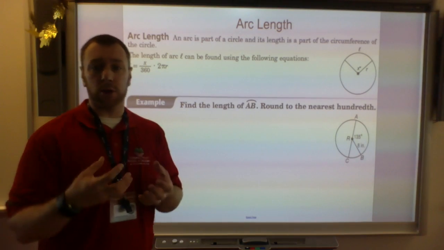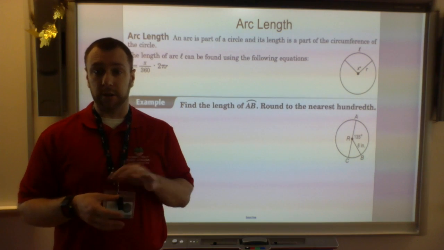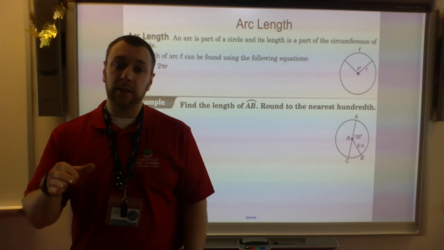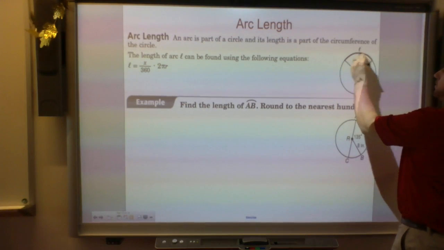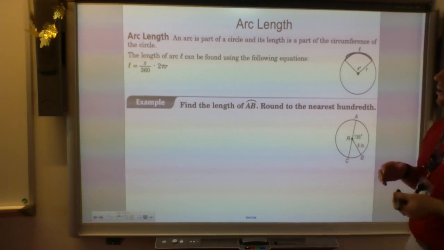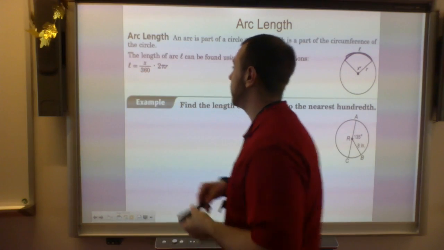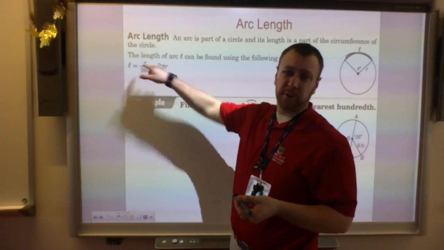Arc length is a portion or a piece of the circumference, okay? So it's just the piece that's around the outside of the figure, but we don't know all of it. We want only a little bit of it. To find this, we do L, cursive L, and it's found by taking the angle in the middle.